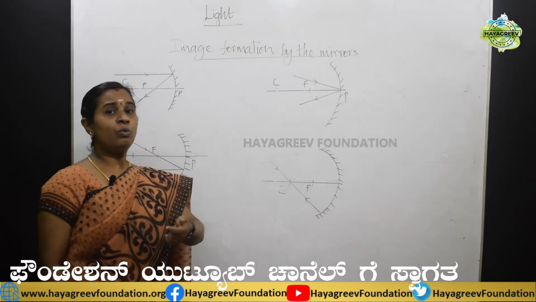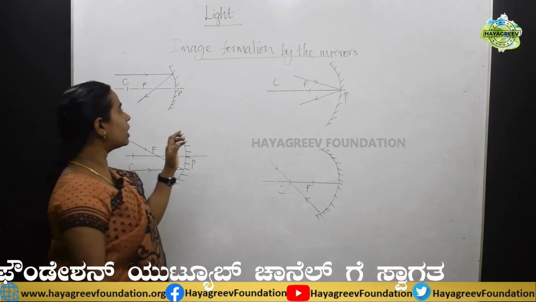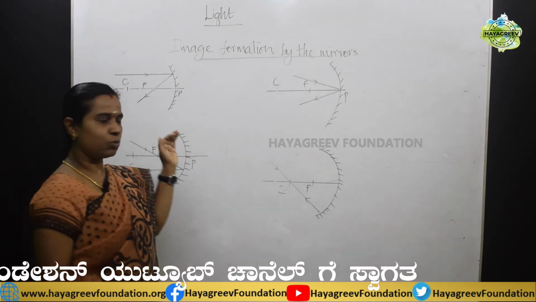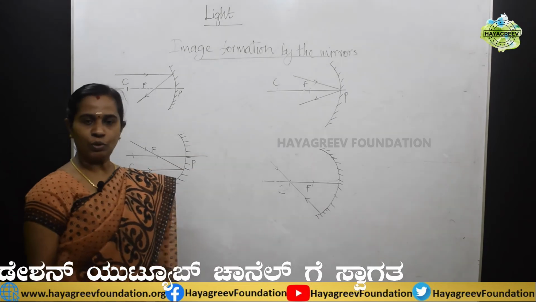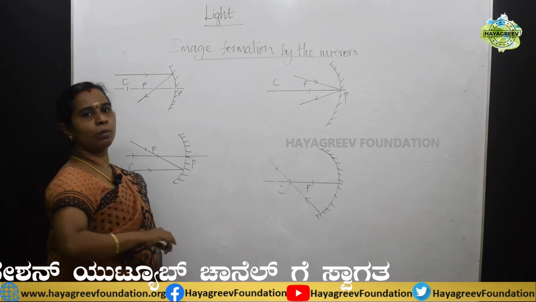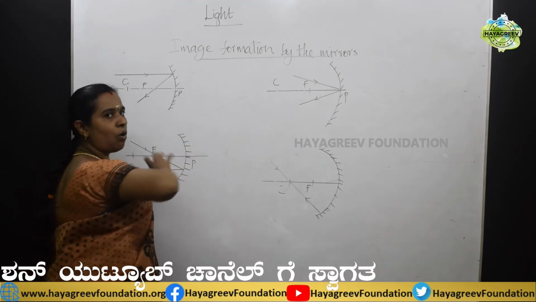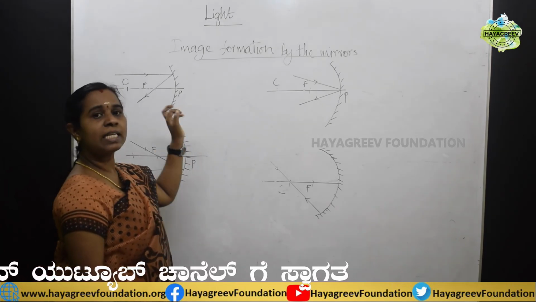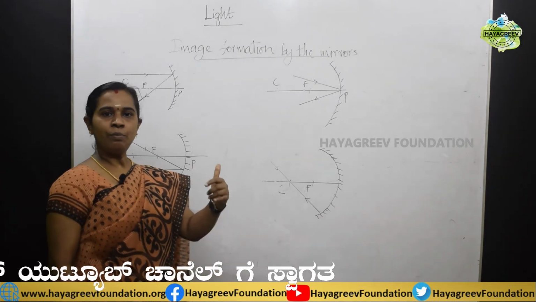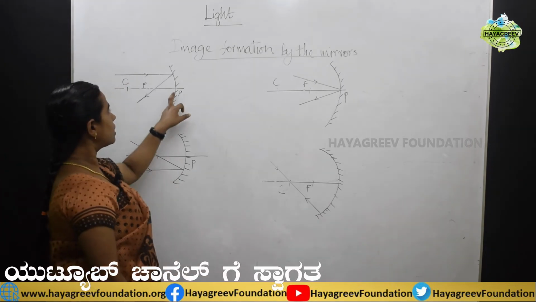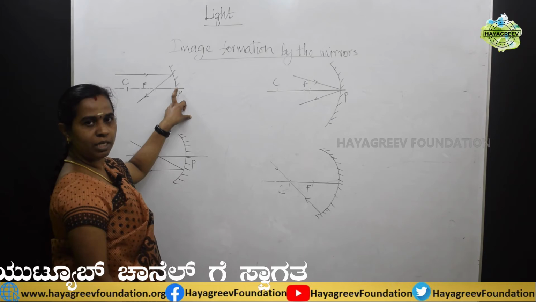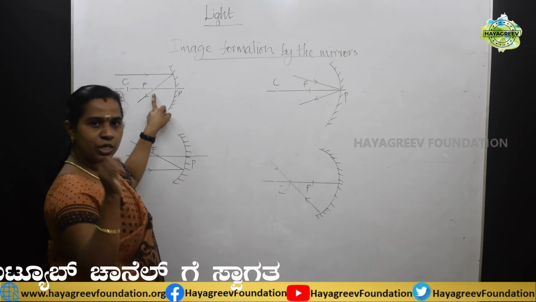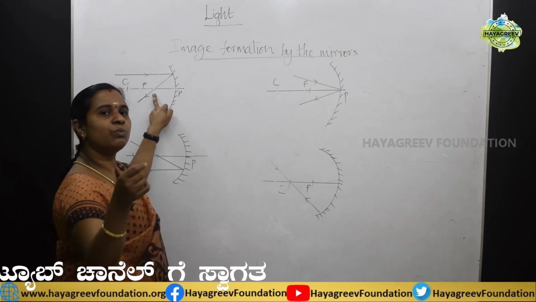Before that, to draw the diagram of a concave mirror, first we need to draw the principal axis, one long straight line. On that, with the help of a compass, we make one arc, curved outwards; that is the concave mirror. Next we mark the pole of the mirror. From the pole, 3 cm distance we measure and mark the focal length.